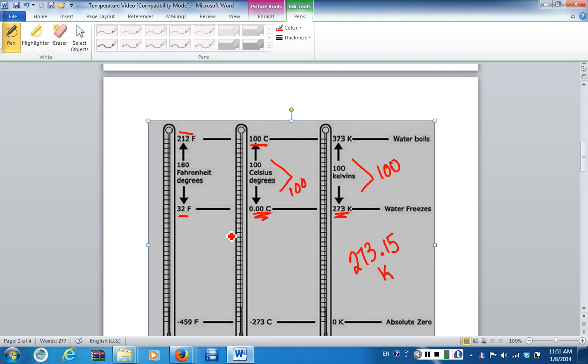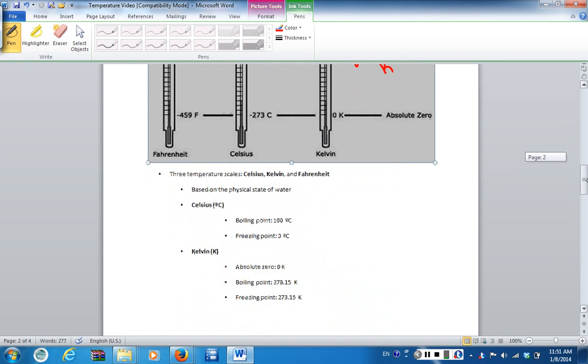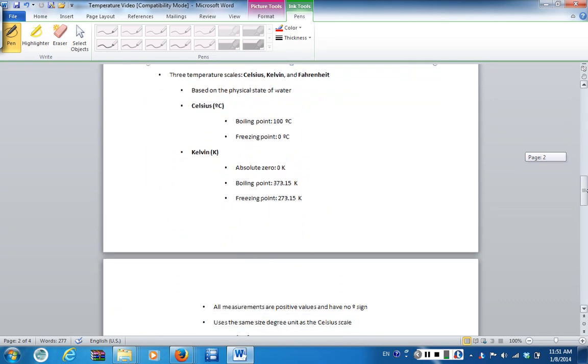In addition to that, we don't have a difference of 100 units, but rather 180 units. So when we convert between these two temperature scales, we're not only going to have to account for the difference in starting points, but also the difference in the units, whether it be 100 or 180. So that's one of the things that we need to learn how to do, is to convert between temperature scales, and again, based on the physical states of matter.